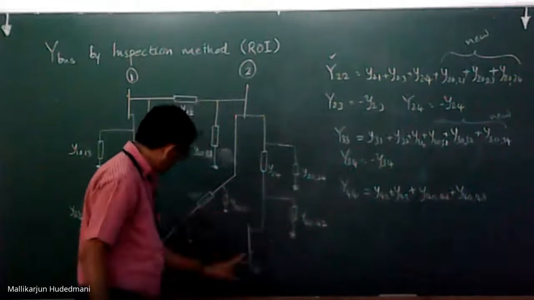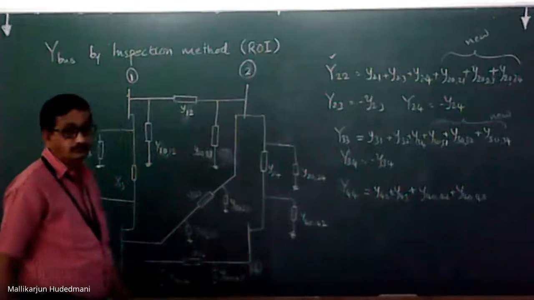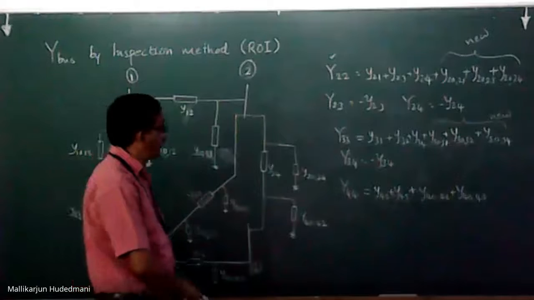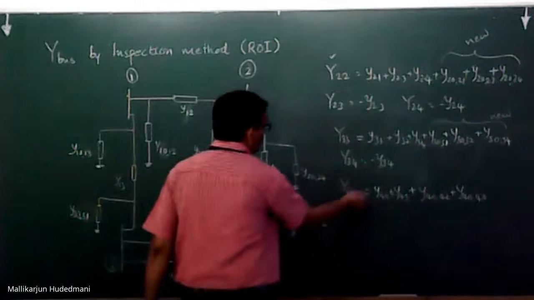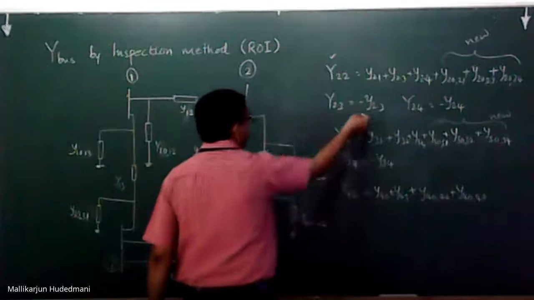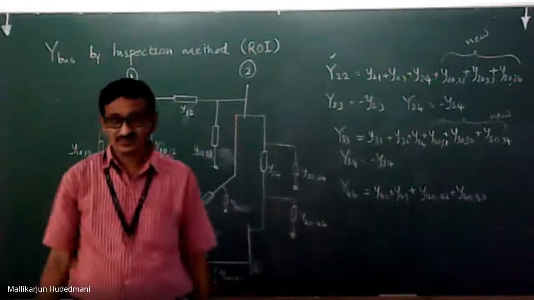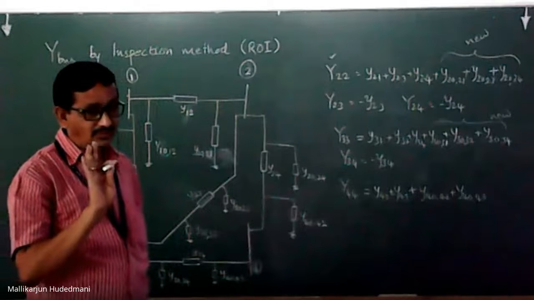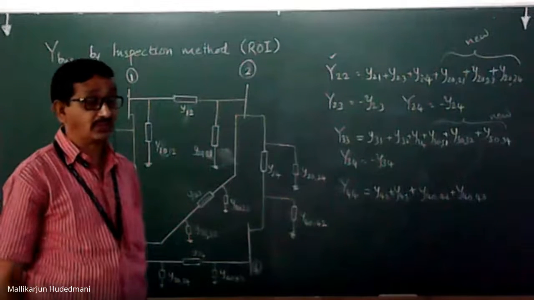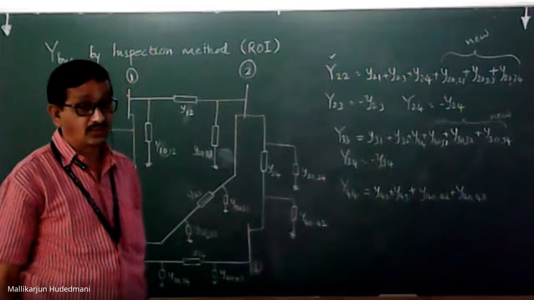One is here, one is here. That's the end. Then you are already done. 4-3 already done. 4-2 already done. 4-1 already done in the first one. Your work is complete. So this is now a small change to the inspection method if transmission line models are with respect to pi model and you need to accommodate them.